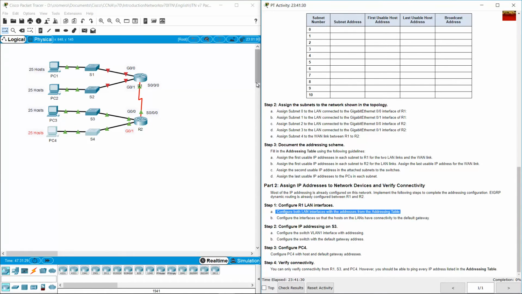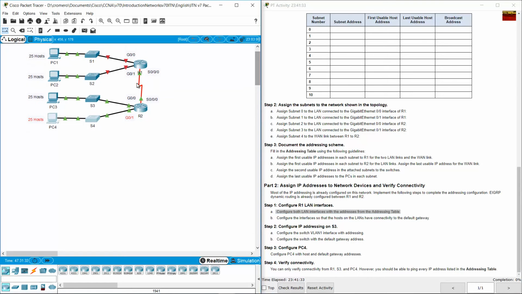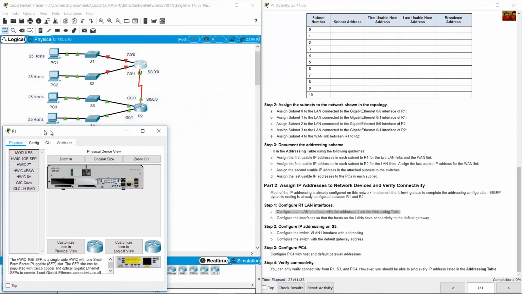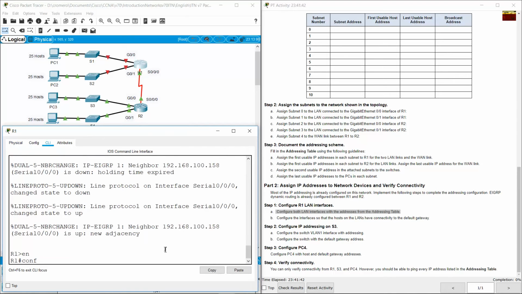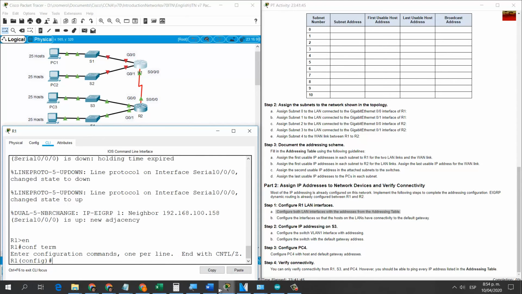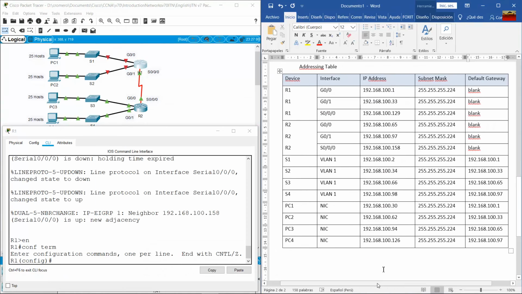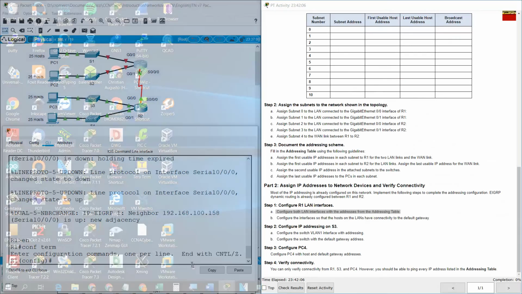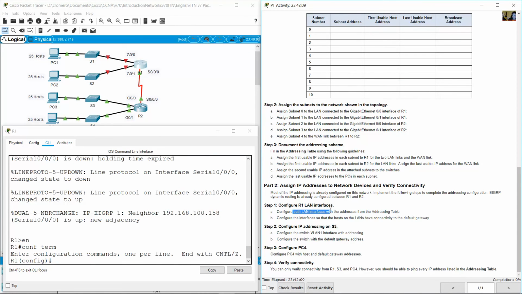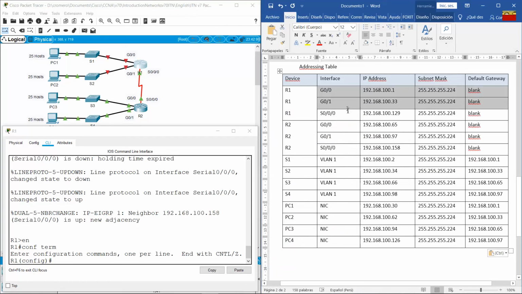Okay, go to R1, command line interface, enter enable, configure terminal. Use the addressing table. Only LAN interfaces. I guess the serial interface was previously configured.